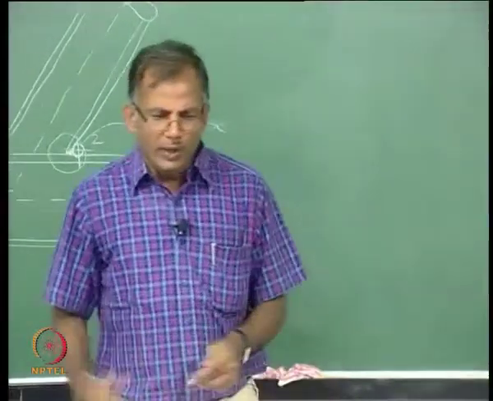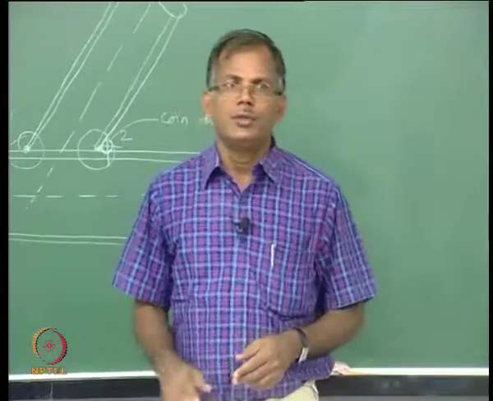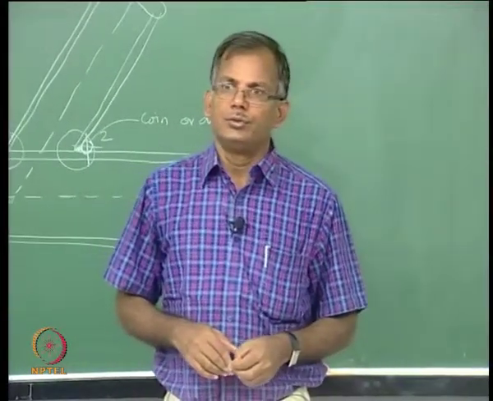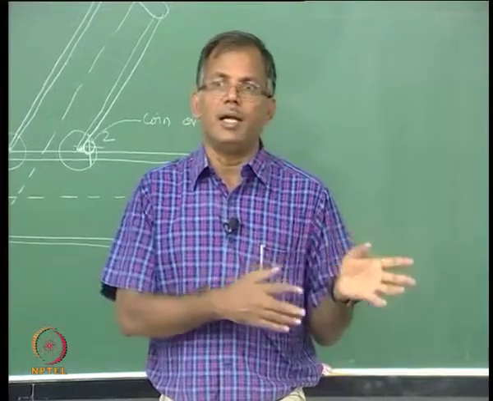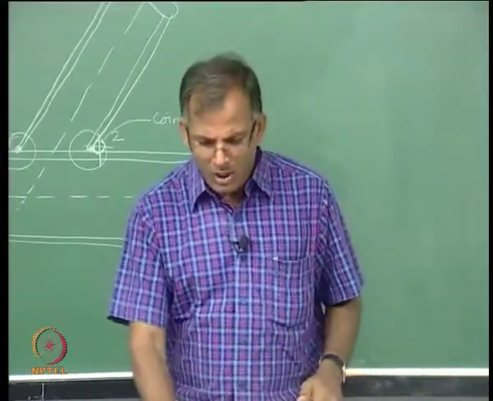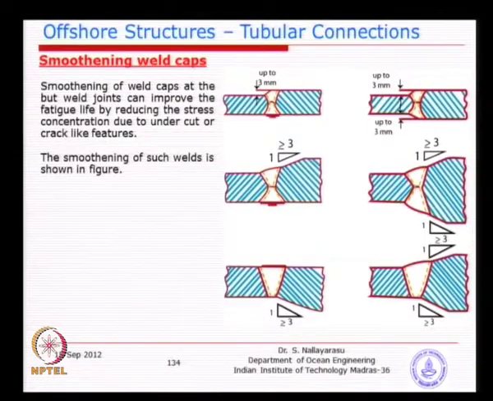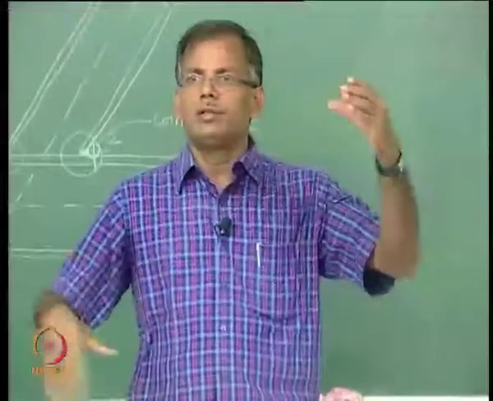So, this profiling of the weld surface is to be recommended as a last resort, when the design is unable to satisfy, or other ways, smoothing of weld caps. Basically, that is one of the areas that can give you a considerable reduction in stress concentration factors, especially when you have variable thicknesses, thickness smaller, thickness bigger.